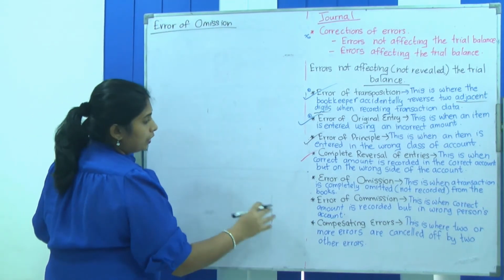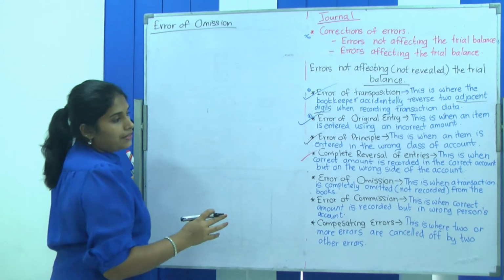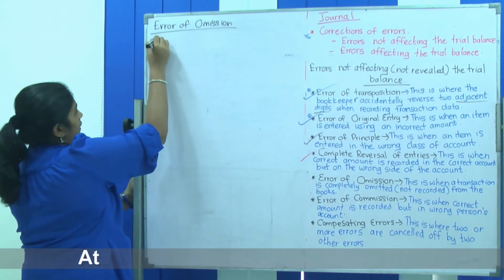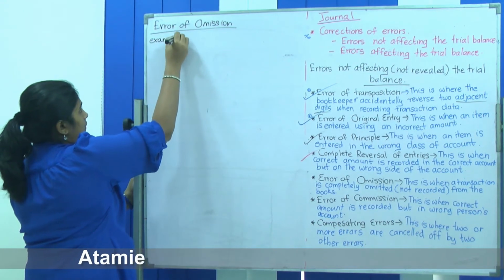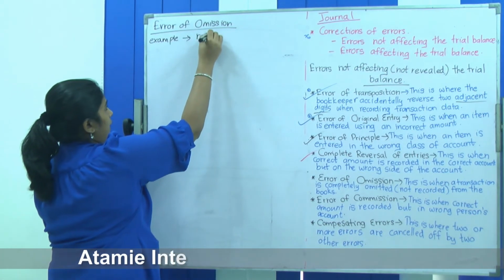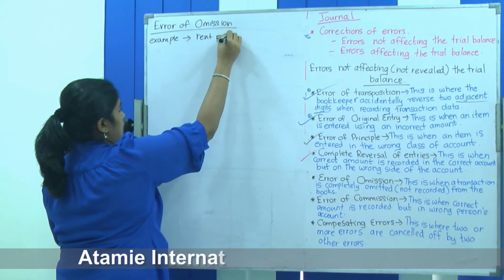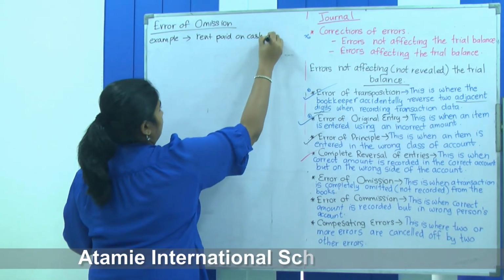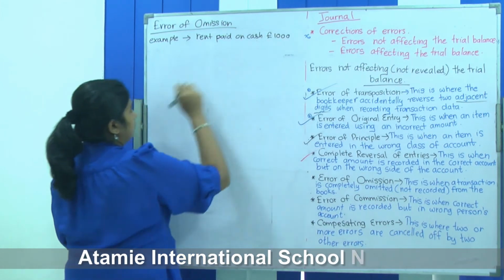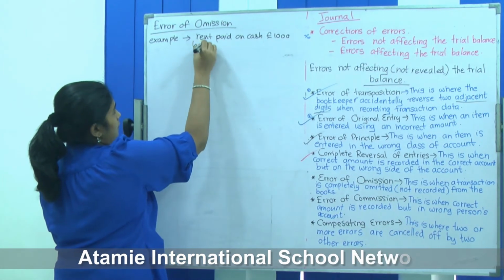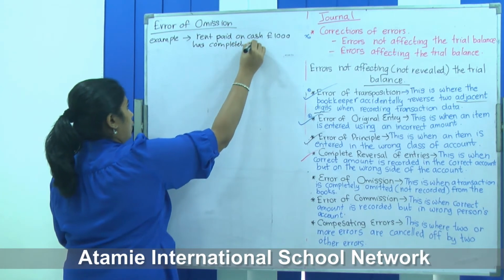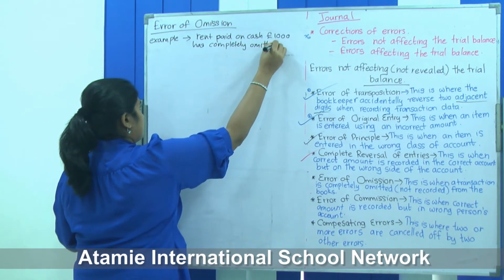Completely, the transaction has been omitted or not recorded. It's an easy one. Example: rent paid in cash, $1,000, has been completely omitted from the books.